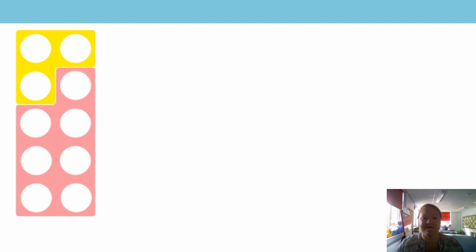So here is one of my favourite representations for looking at the number 10. It's nice and colourful, isn't it? You might be familiar with these. They're pieces of Numicon. We're going to look at what our whole is first. You might be able to see that there are 2 rows of 5. Shall we count just to make sure we know what there is? 1, 2, 3, 4, 5, 6, 7, 8, 9, 10.